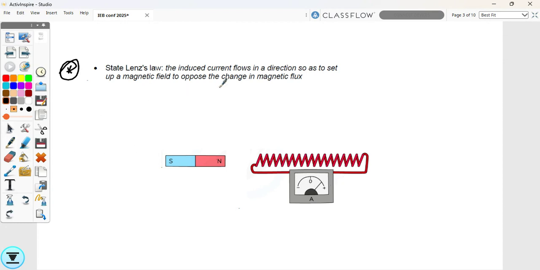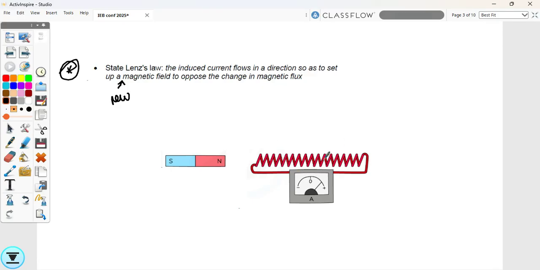So what is very simple to do to make this law more understandable, I don't know if I'm allowed to even say that, is if you say to set up, and just in there, say new, so that they know there's a new magnetic field that is going to be created because of the current flowing in that coil. And if you call it a new magnetic field, they don't confuse it with the magnet that is now moving, the magnetic field that is interacting with the other magnetic field, and they can hopefully get it right.